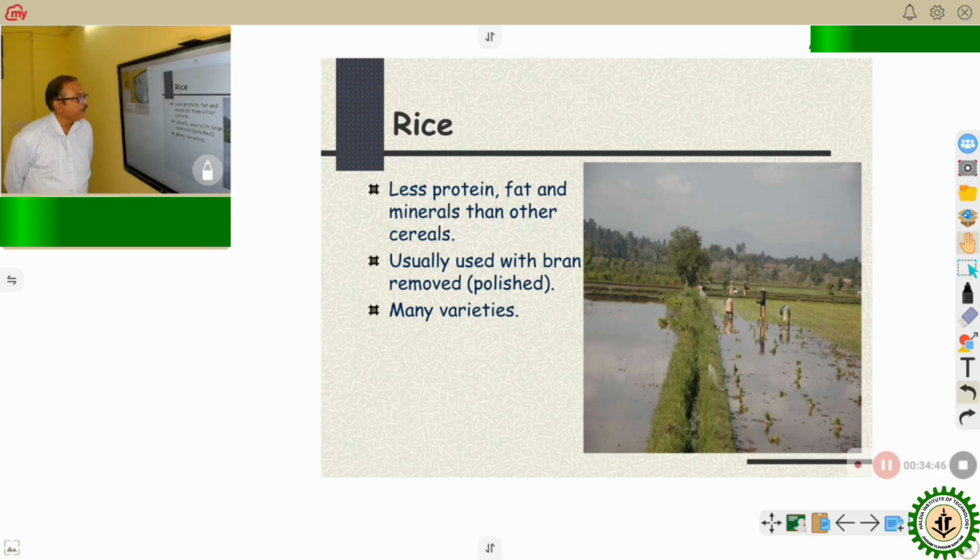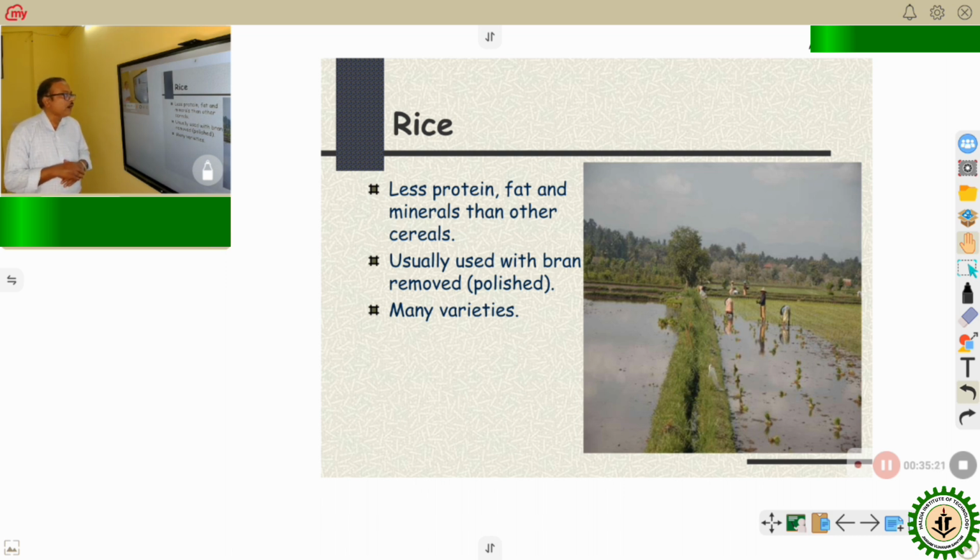Rice, on the other hand, is not milled to a powder, but rice is milled to separate the husk portion and bran portion, and also the germ portion, followed by a whitening operation, followed by a polishing operation. So first husk separation, then the brown rice is subjected to whitening operation, and once the bran is separated, then a polishing operation to smoothen the surface of the grain.